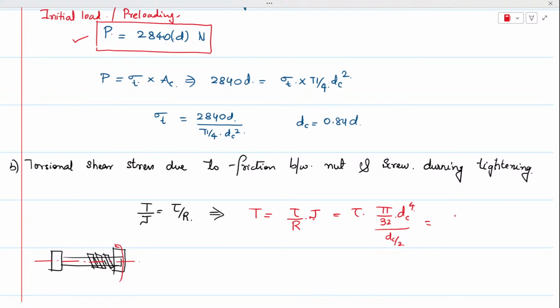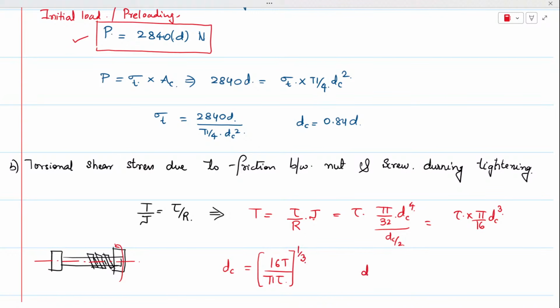This comes out to be tau into pi by 16 dc power 3, or dc could be written as (16T by pi tau) raised to the power of 1 by 3.